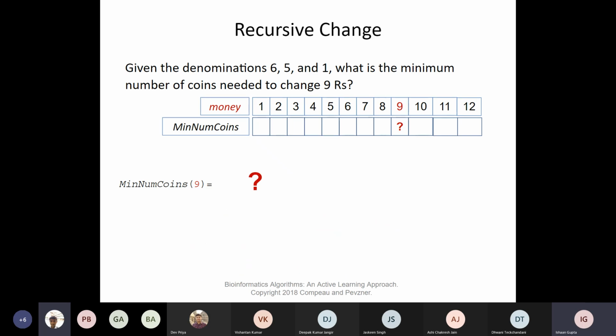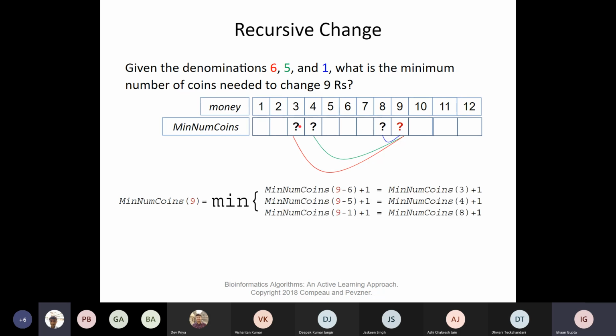You don't know whether taking 6, 5, or 1 is going to give you the best combination of coins. If you take 1, then you have to go to 8. If you take 5, you have to look for 4. If the first coin is 6, then you have to go for 3. That's how you will move.